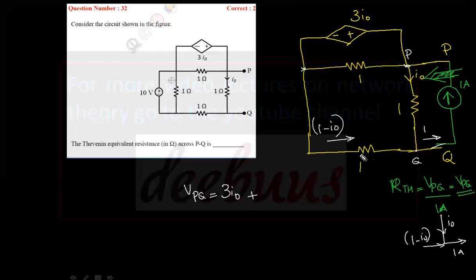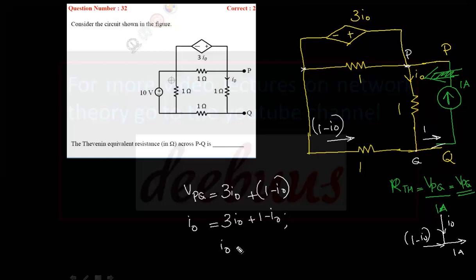Voltage across this 1 ohm is 1 minus I0, the current flowing into the resistance, that is 1 itself. But voltage across PQ, right? The current flowing through this 1 ohm is I0, I0 into that resistance, that is 1. So voltage across PQ is I0 itself, that is equal to 3I0 plus 1 minus I0.